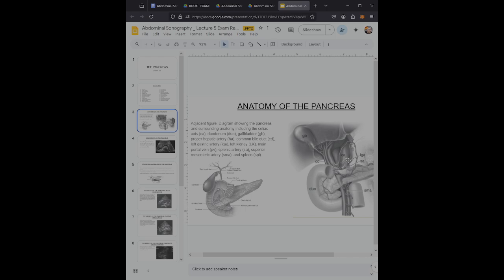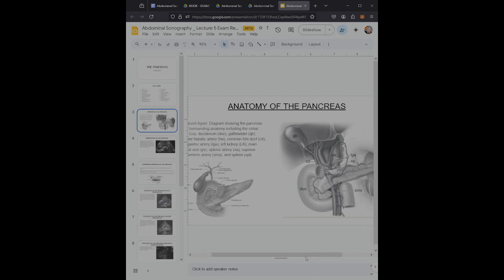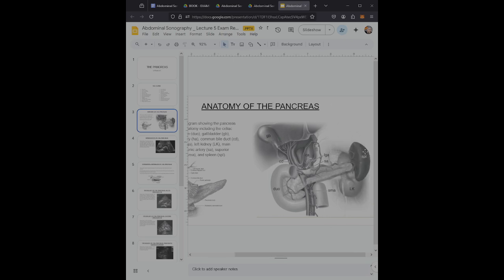We can see the left kidney, and it is on the other side. There's the left kidney. We can see the main portal vein over there.